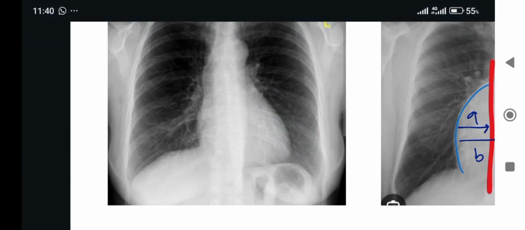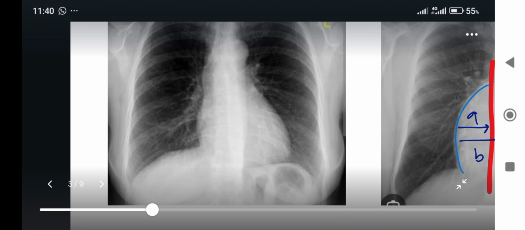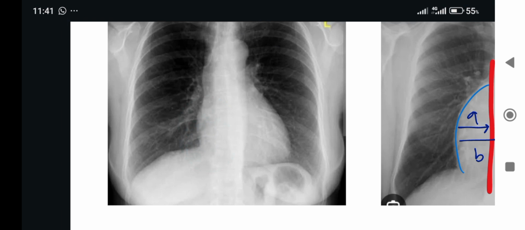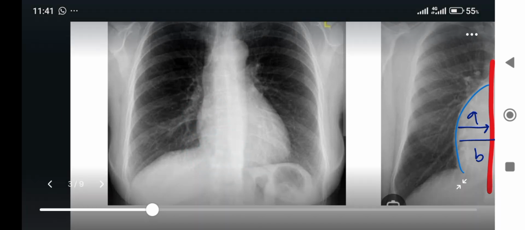We don't see or appreciate the left atrium in PA chest X-ray, and we don't appreciate the supposed area of the right ventricle in PA chest X-ray.